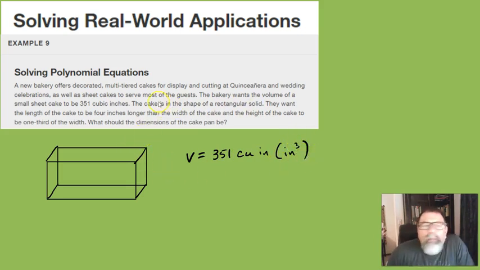They want the length of the cake to be 4 inches longer than the width. So let's call the width x, and the length will be x plus 4. And the height of the cake is to be 1/3 the width. My scale is off a little bit, so 1/3 x, but that's okay, just to get the box shape.